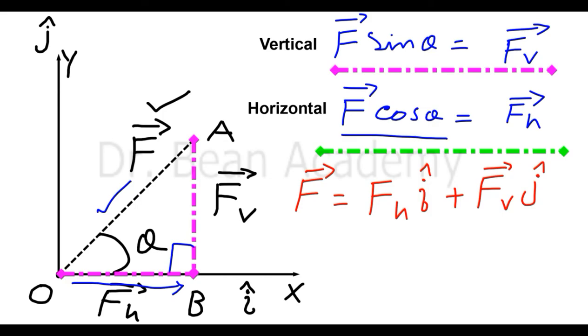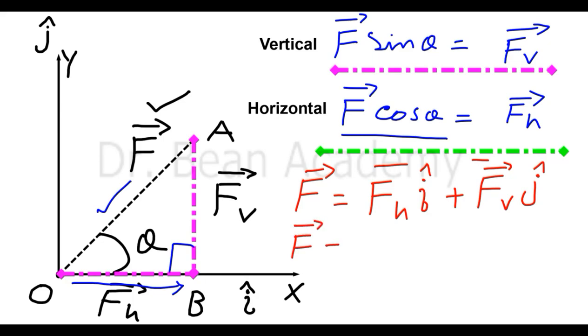One is the horizontal component, another is the vertical component, and i and j are telling us along which direction. For example, i is for horizontal component, j is for vertical component. Now because I know the values of horizontal and vertical components of force F, I will just plug in these values into this equation.